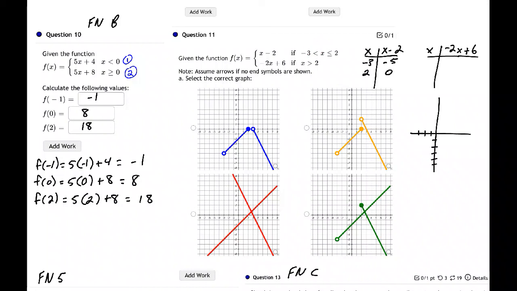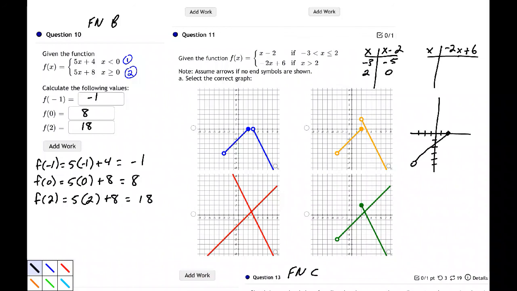So that means it's an open dot because it's not an equal to, it's just less than. So -3, -5, I'm going to put an open dot. And then at 2, 0, that was the second point I had, I have a closed dot, and those two will be connected. Now we might already be able to remove a few of our graphs.